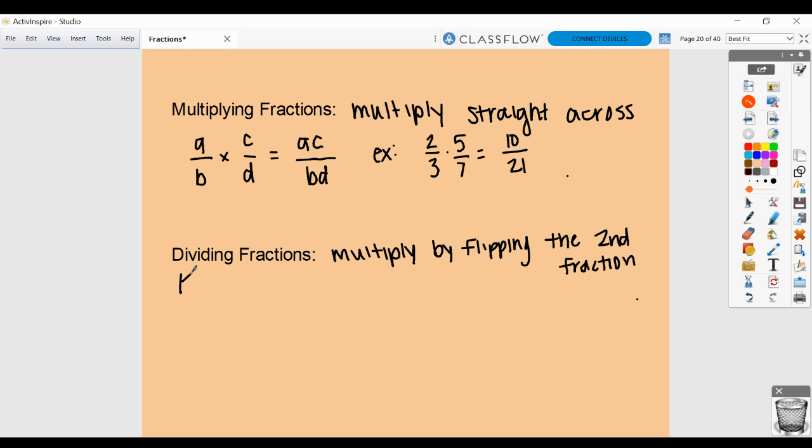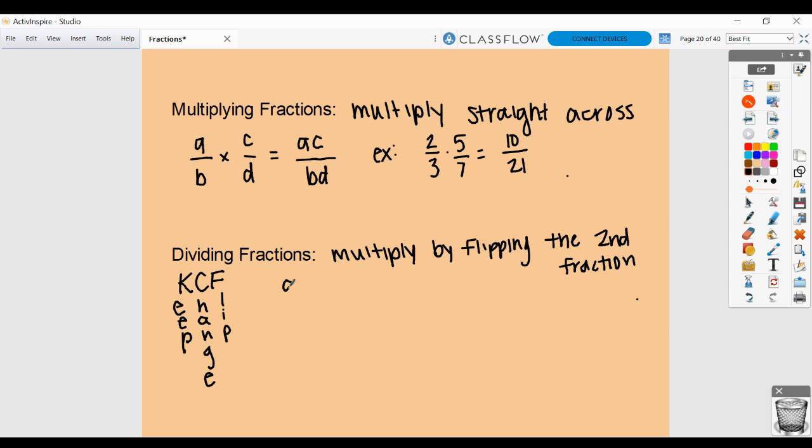So I like to say KCF as saying keep the first one, change the division to multiplying, and flip the second one.